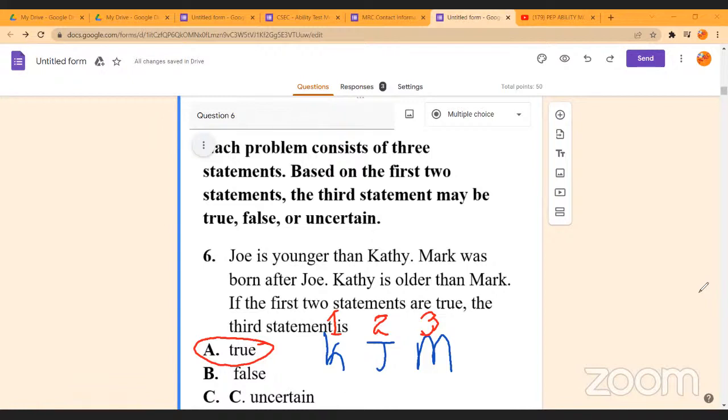So the answer would be true, miss. Well done. Absolutely amazing. Let me give you a smiley face for that beautiful analysis. Well done. So you're correct.